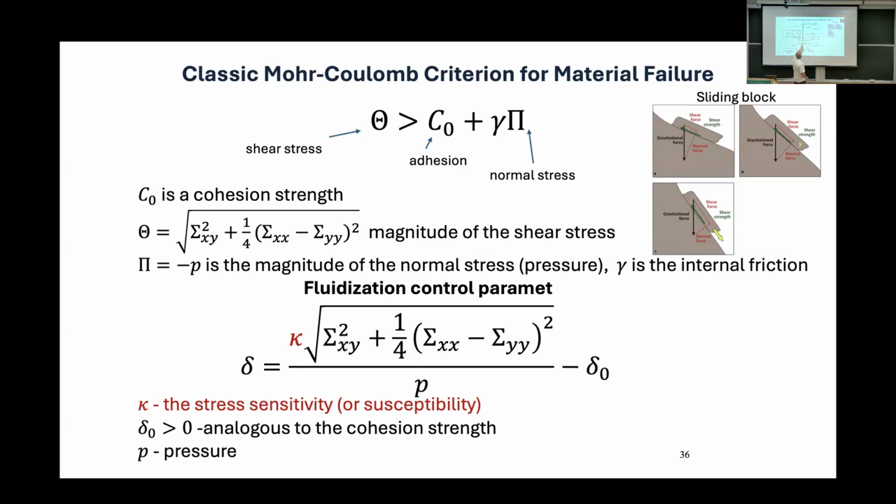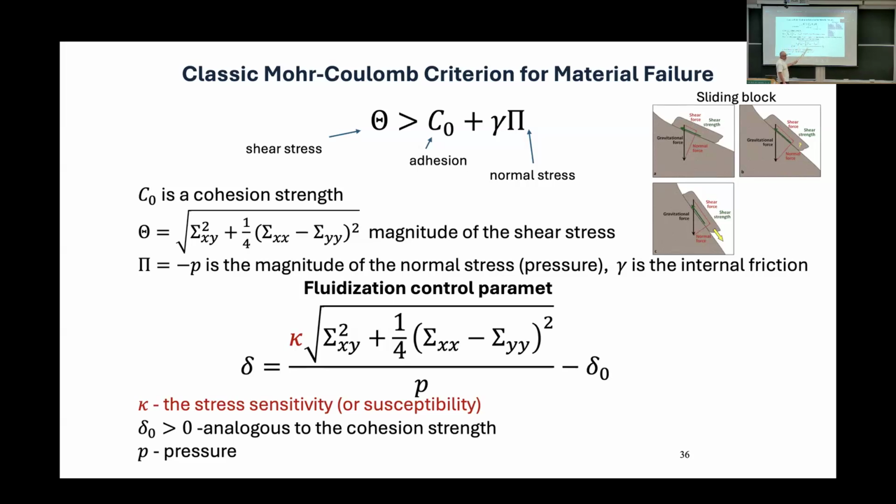If the shear stress becomes larger than the adhesive stress plus the internal friction coefficient times the normal stress, the material fails. You can calculate this failure criterion using our notations. You need to calculate the magnitude of the shear stress, which is given here, divided by the normal stress.